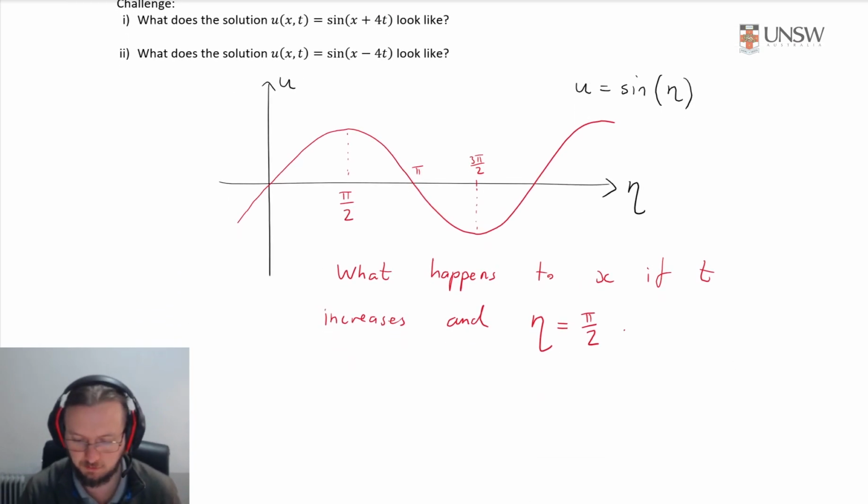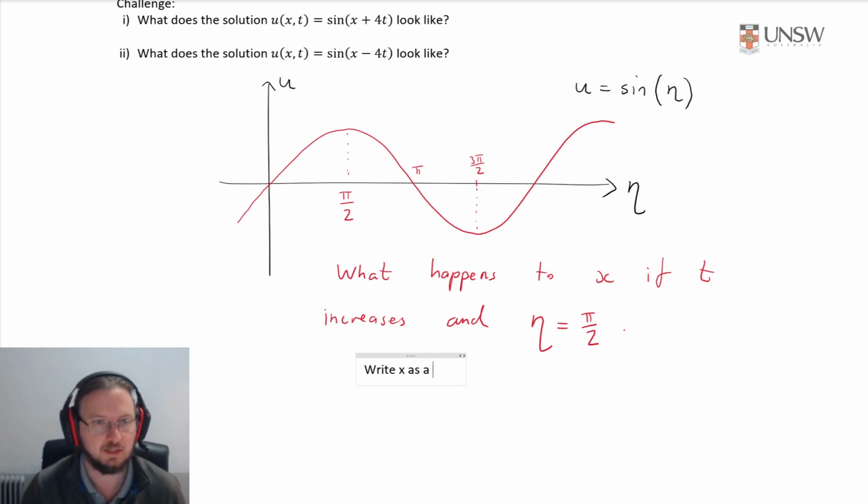So I will give you a hint. Write x as an expression in terms of eta and t.